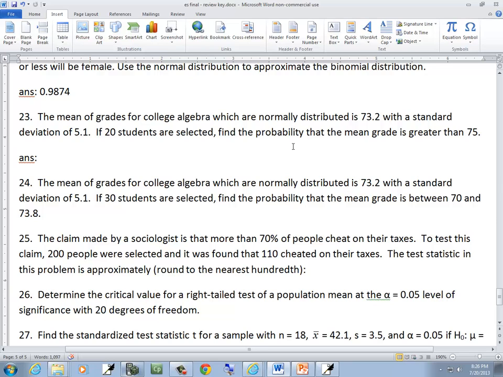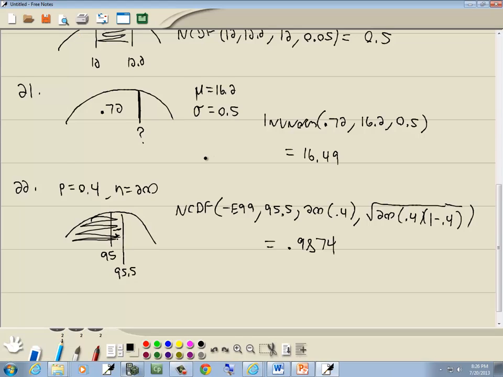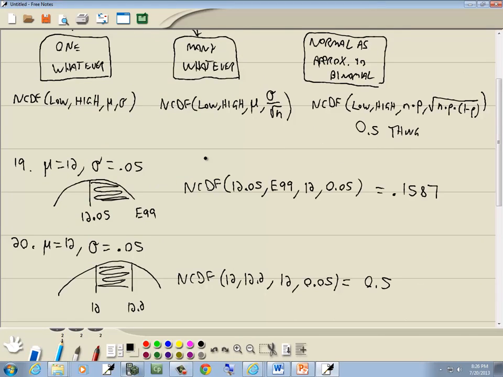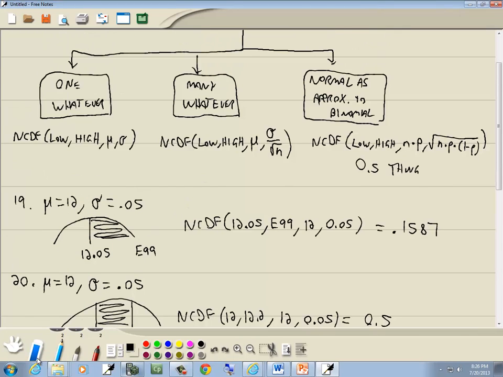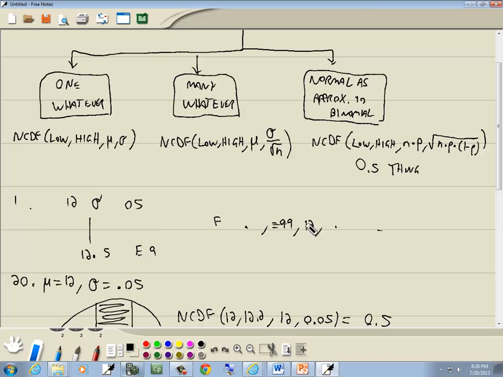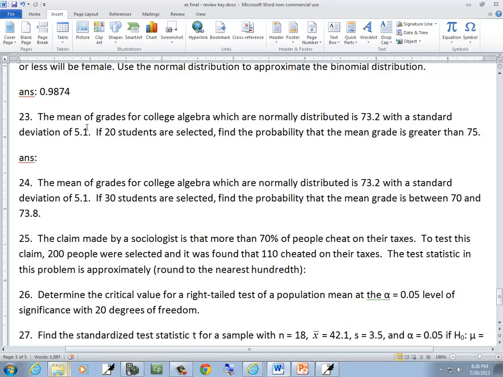Okay, so let's look at 23. Let me erase this, so I'll have a little room. Okay, 23. The mean is 73.2.